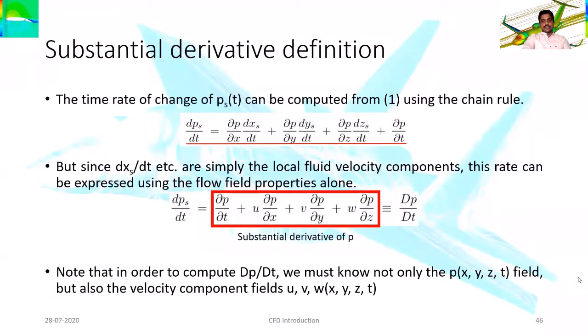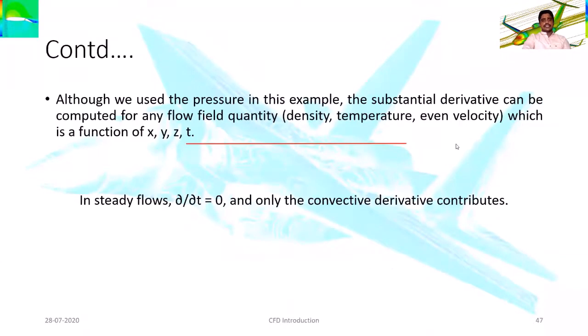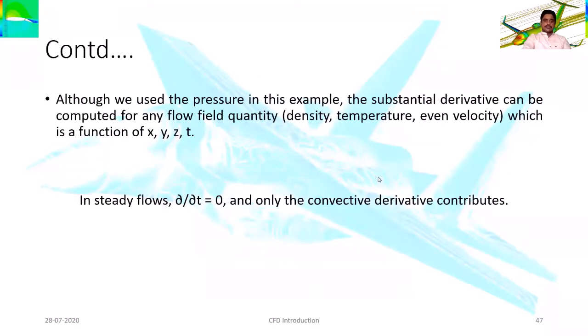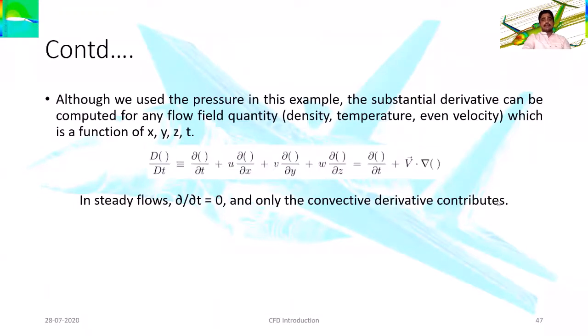This is all about the substantial derivative we have discussed in the previous slide, what exactly it is. Now this has become a standard example for the substantial derivative. We can use this as a pressure example, and the substantial derivative can be computed as we have seen in the previous slide.